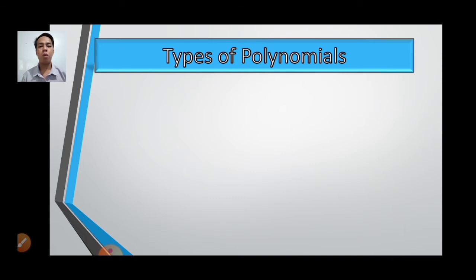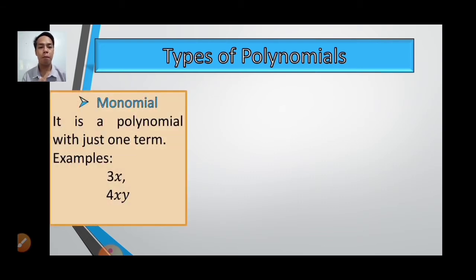Next, we have the different types of polynomials. First is the monomial. A monomial is a polynomial with just one term. The examples of this are 3x, 4x, y. From the word itself, monomial, mono means one.